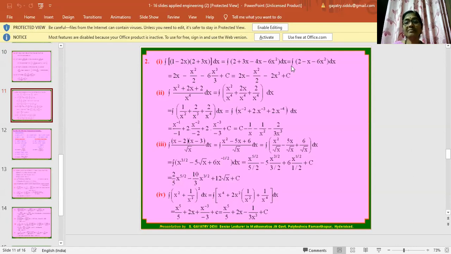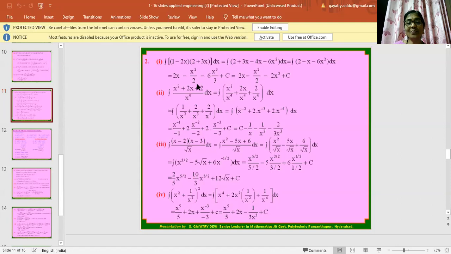So integration of an expression with respect to x, which you already know how to do. Each term is taken and integration is applied. Integral 2 is giving 2x. Integral x is giving you x square by 2, x power 1 plus 1 by 1 plus 1. Now we have developed to write, instead of 1 plus 1 by 1 plus 1, directly x square by 2.